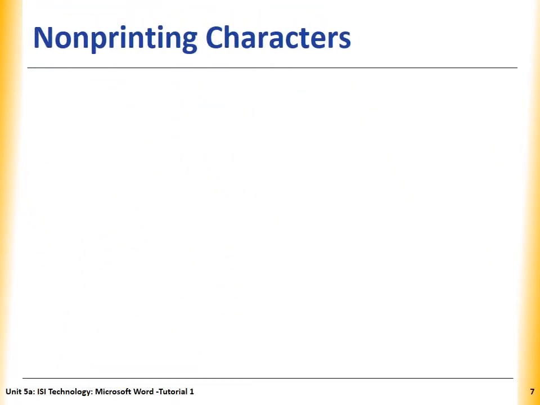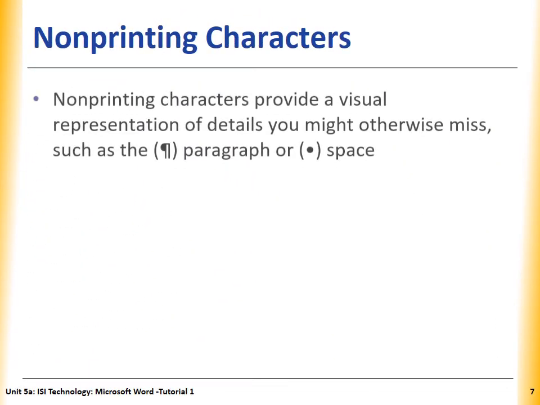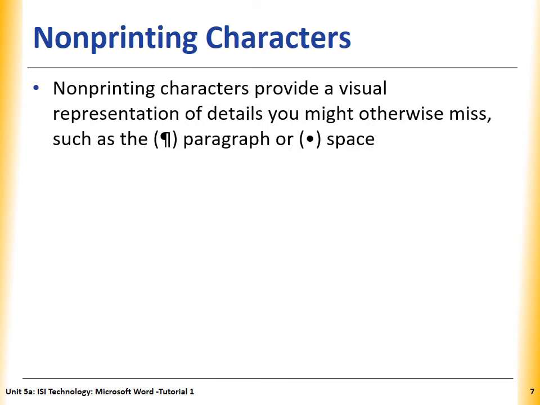I'm going to talk about the non-printing characters. Non-printing characters provide a visual representation of details you might otherwise miss, such as the backward P for paragraph, or the dot, which means space.